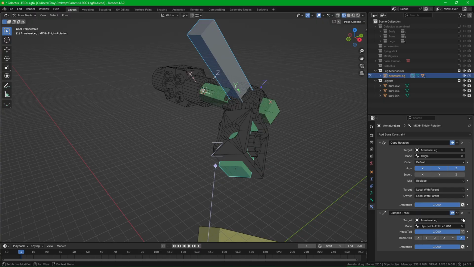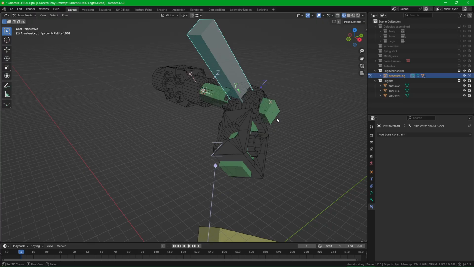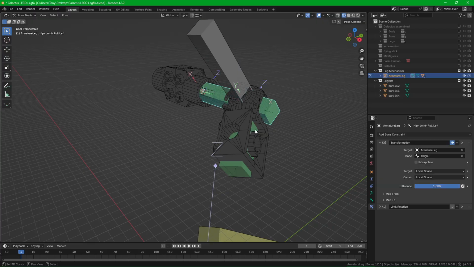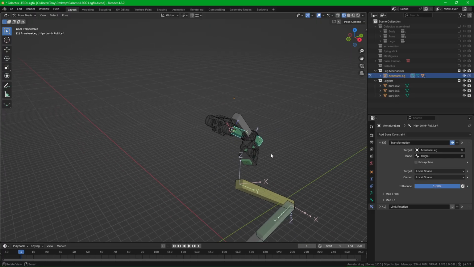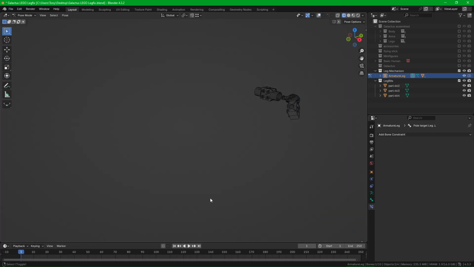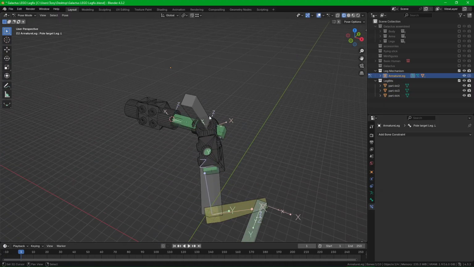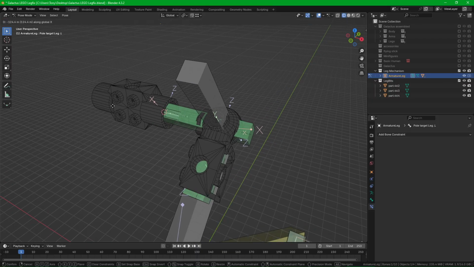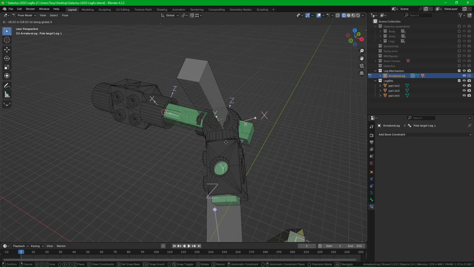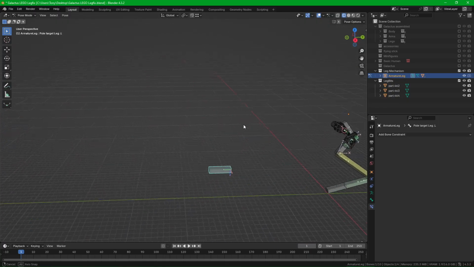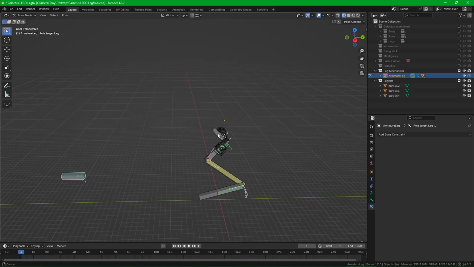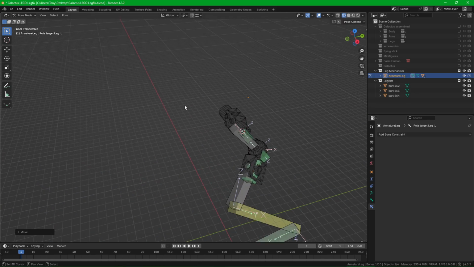So always copy the thigh, and then this one here is correcting with the damped track, so it's pointing at this end of this funky bone. This funky bone is a child of this roll mechanism. Excuse me. So let's see if I'm now going to move this along the X. That looks pretty good. I feel like that's what you want, right?